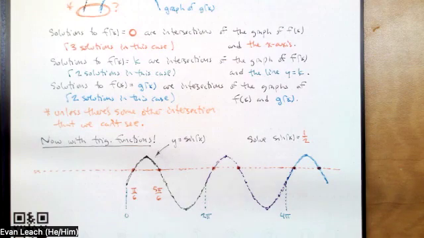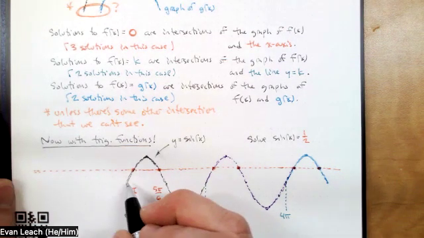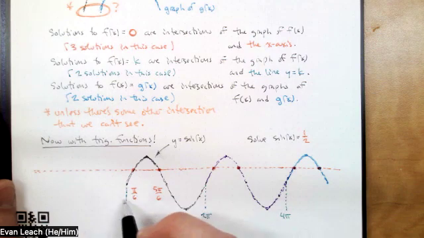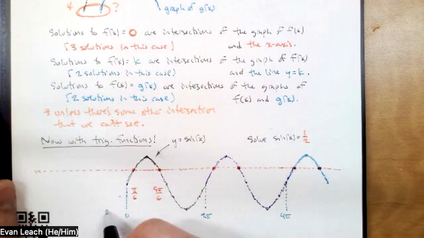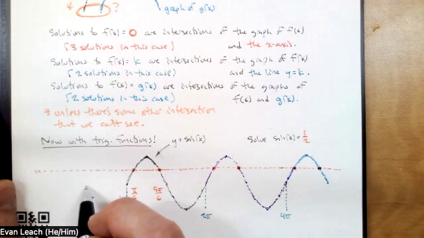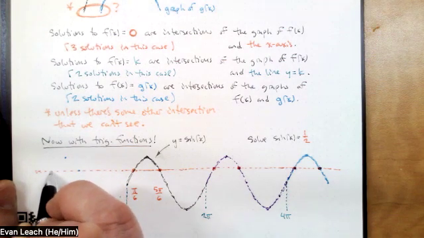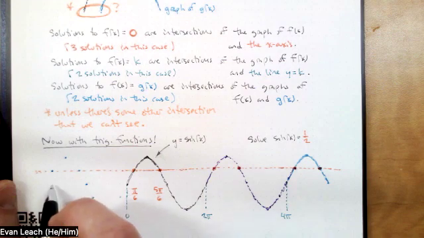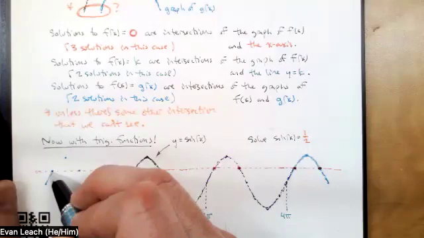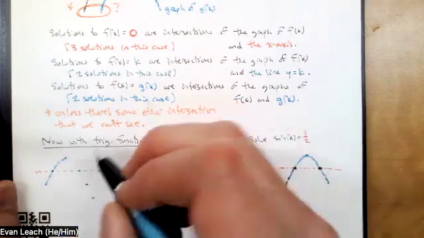If we think about what happened before 0, we have 2 more before then, from negative 2 pi up to 0.